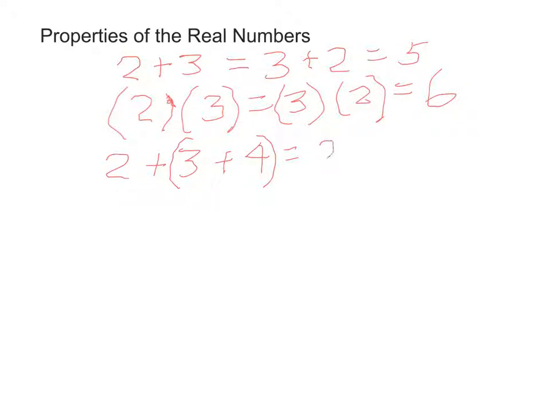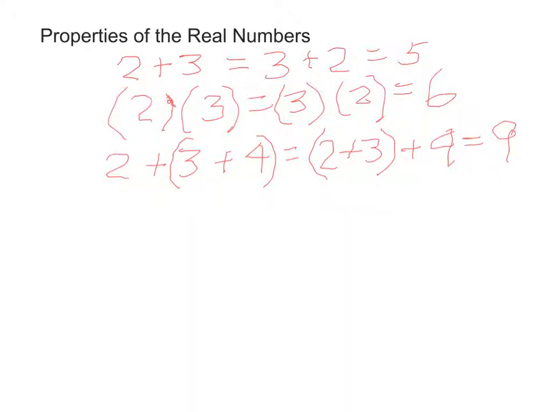Or I could have said 2 plus 3 is 5, plus 4 is 9. Okay? So this is the associative property of addition. How you group the numbers when you're adding them together does not matter. Grouping does not matter, okay?